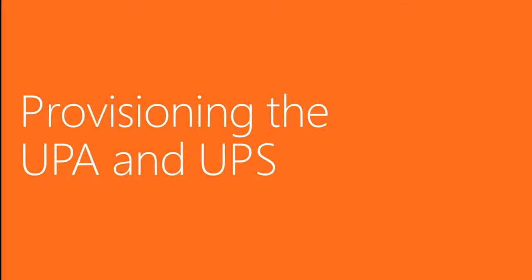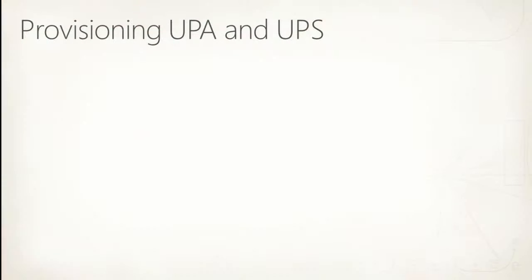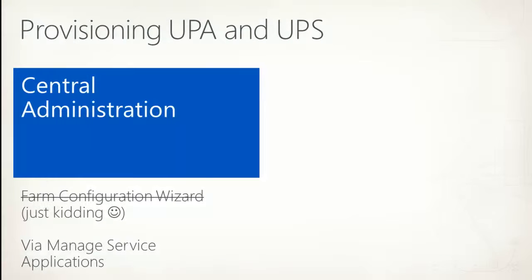So let's switch over and talk about the provisioning of both the service application itself and the profile synchronization engine. Obviously, we could go in and run the farm configuration wizard, and everything's going to work for us perfectly every time, right? No, that's not right. Don't want to use that guy. Certainly not for this. And we can obviously do it via managed service applications.